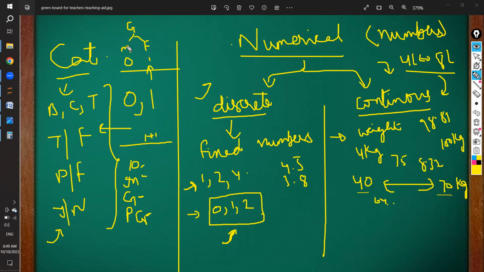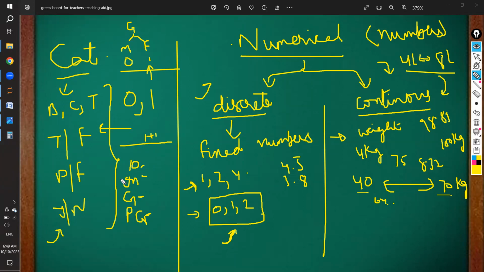It doesn't know what is male, what is female, what is true, false, nothing. So whatever you do, when you're passing something to a model, you should convert it into plain numbers. If it is discrete, obviously it's already present in the form of numbers, so you don't need to do anything. But coming to categorical, right?